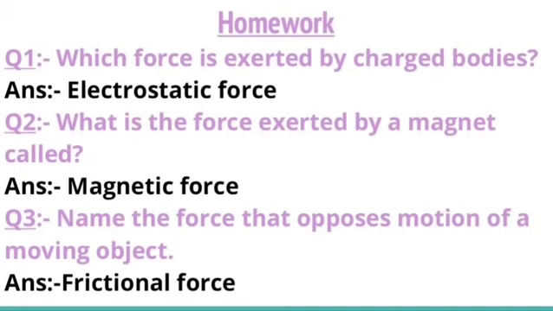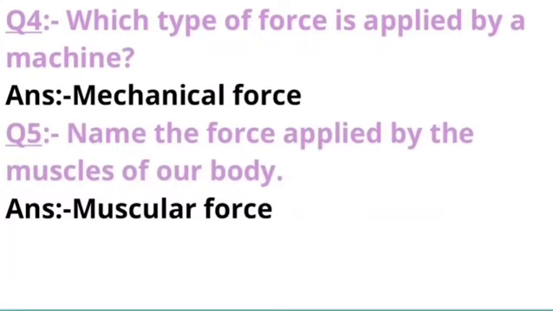So the frictional force is the force that opposes motion of a moving object. Question number 4, which type of force is applied by a machine? So the answer is mechanical force. The force applied by all machines is mechanical force.